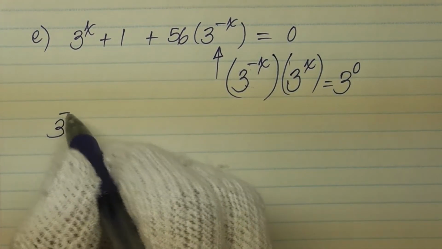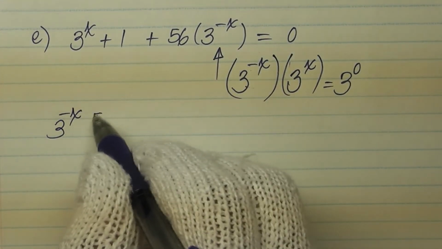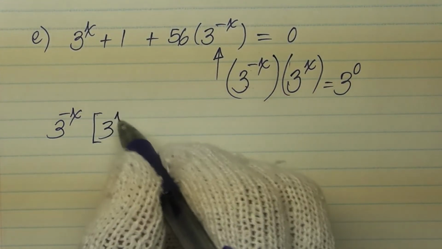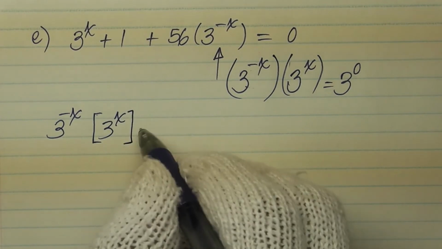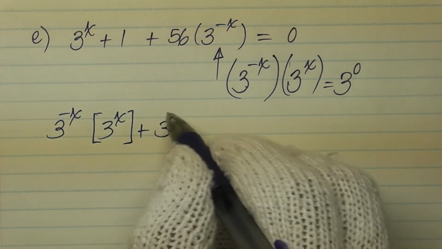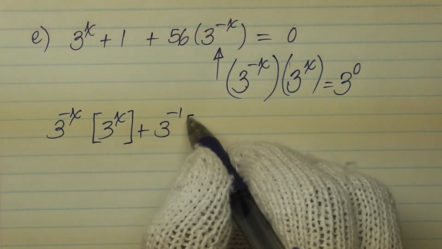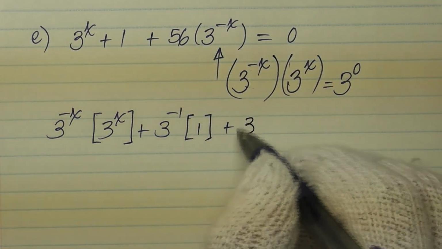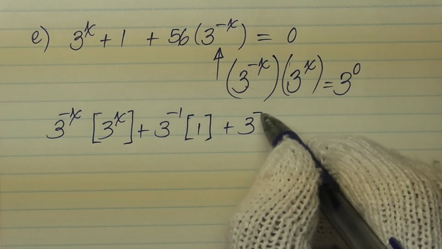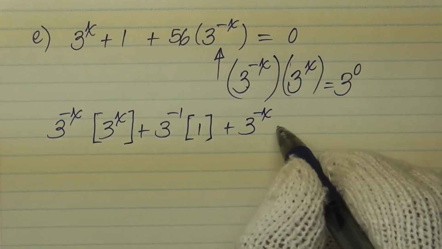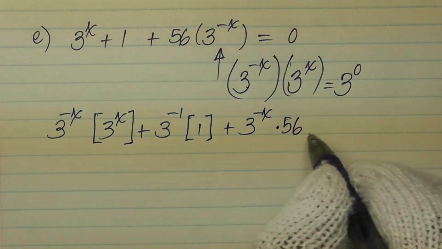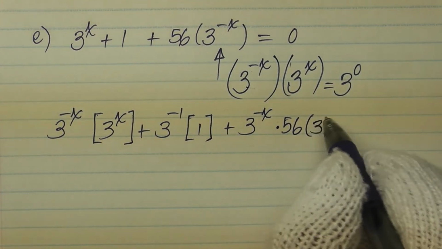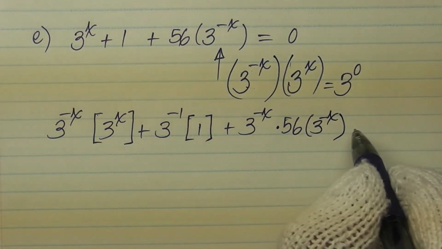So I've got 3 to the minus x times 3 to the x plus 3 to the minus x times 1 plus 3 to the minus x times 56 times 3 to the minus x.